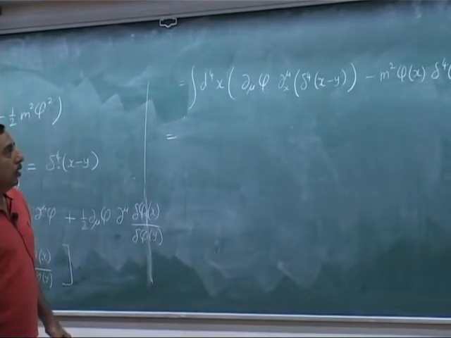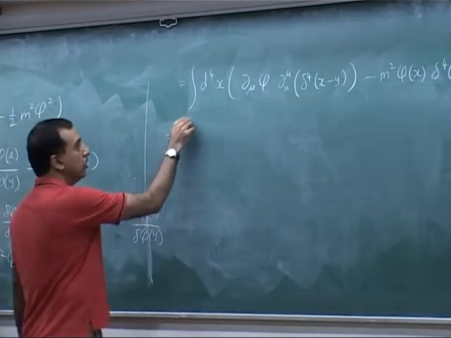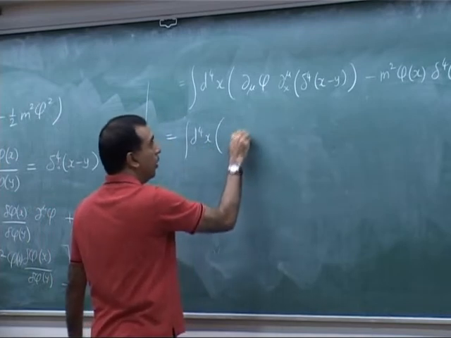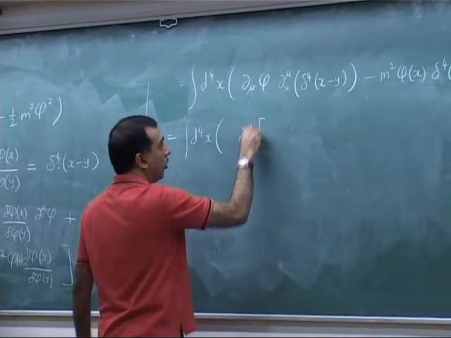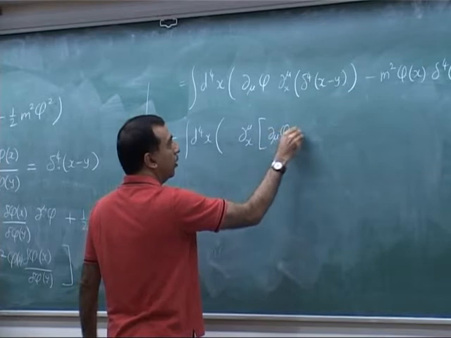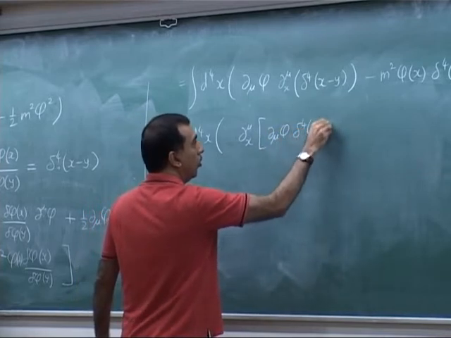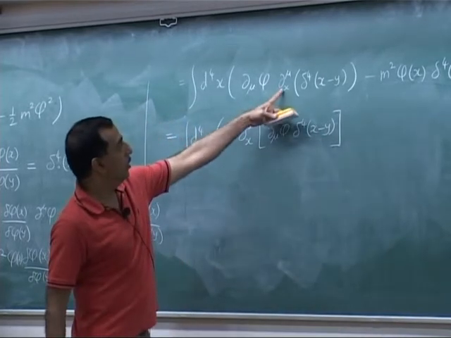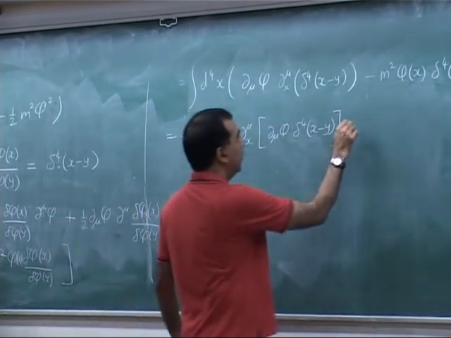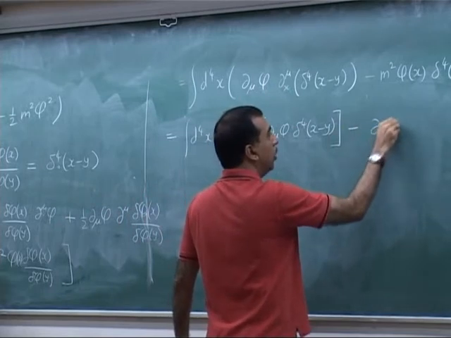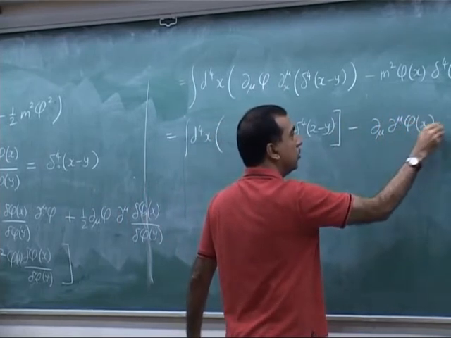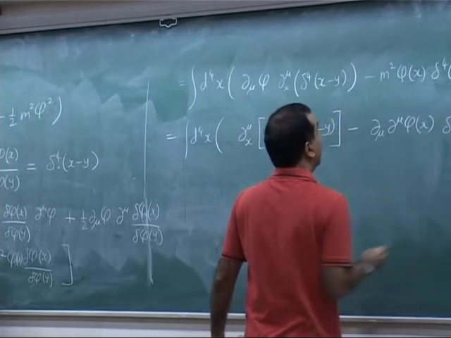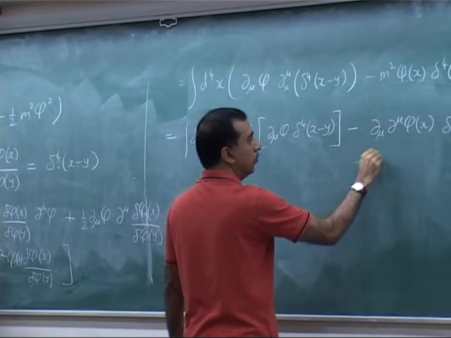Now I use integration by parts, which tells me that this is equal to del mu in x of del mu phi delta four of x minus y. That's the derivative of the whole thing, minus del mu del mu phi of x delta four of x minus y, and minus that last term.